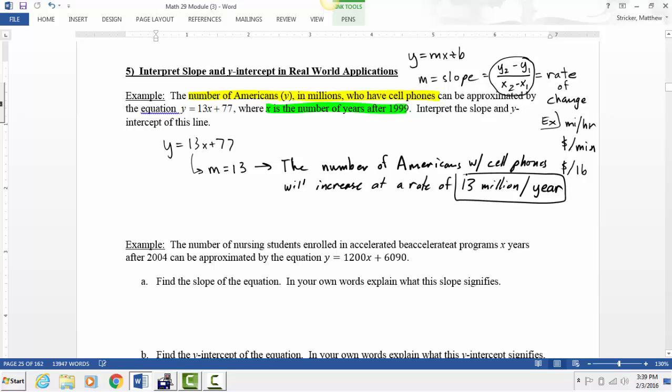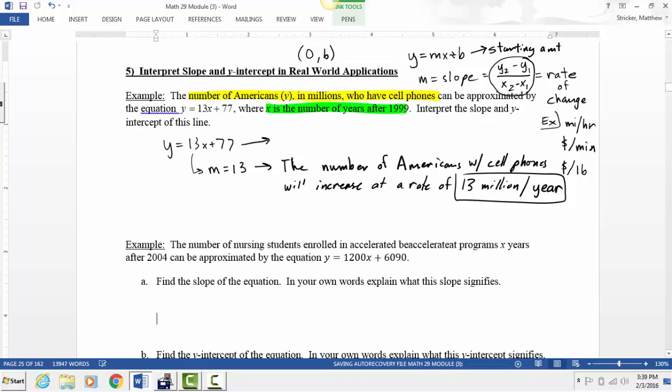Okay, second thing, the y-intercept, the b. The b is like the initial amount, or the starting amount. Because remember, the y-intercept always happens when x is 0. It's always (0, b), and in this case x is the years, so years after 1999. So if I'm 0 years after 1999, that means it is the year 1999.